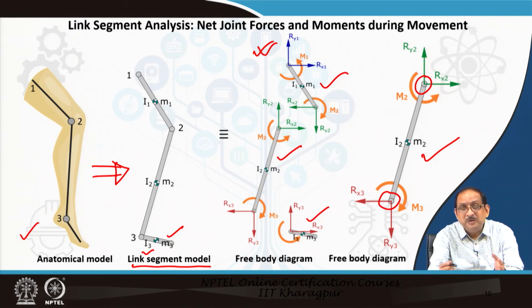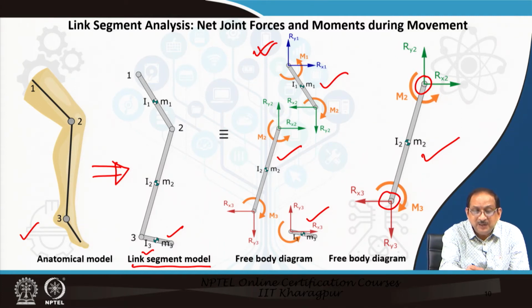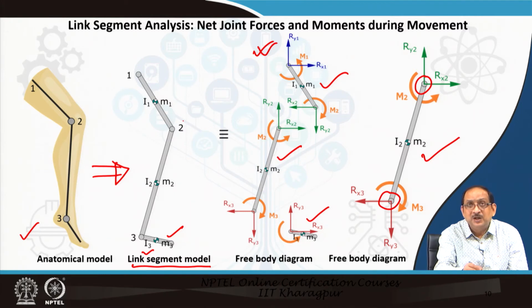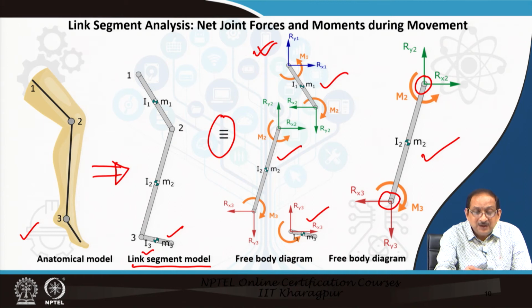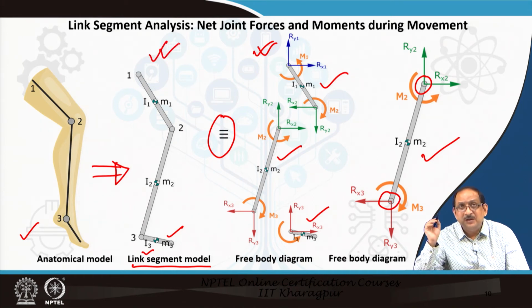So, in total, when we assemble these three segments, we can actually get back the total link segment model. So, on the right of this equal to sign, we have the individual models of the link segments, whereas on the left we have the assembled link segment model.